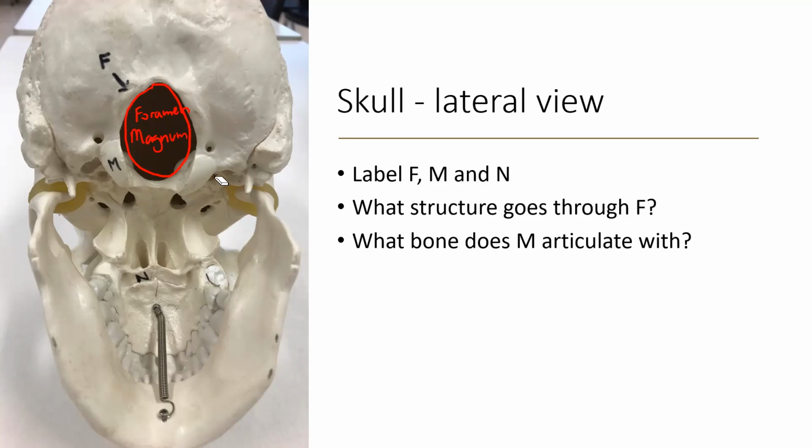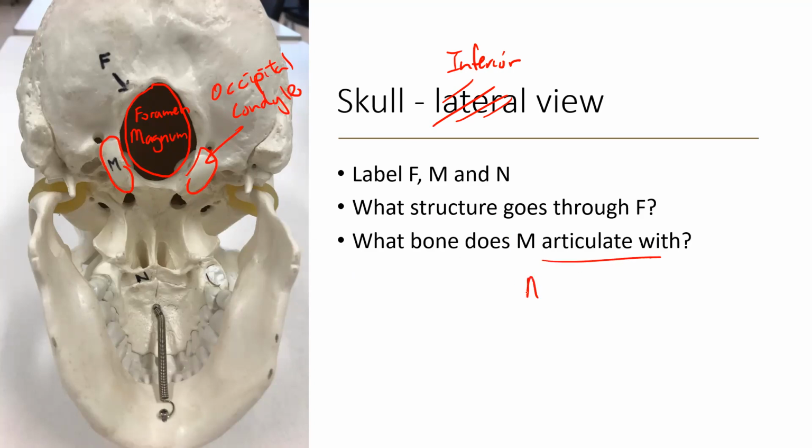And then this should be an inferior view. Sorry, inferior view from the bottom. So there are these two round knobs at the bottom. Those are called the occipital condyles. And what do they articulate with?